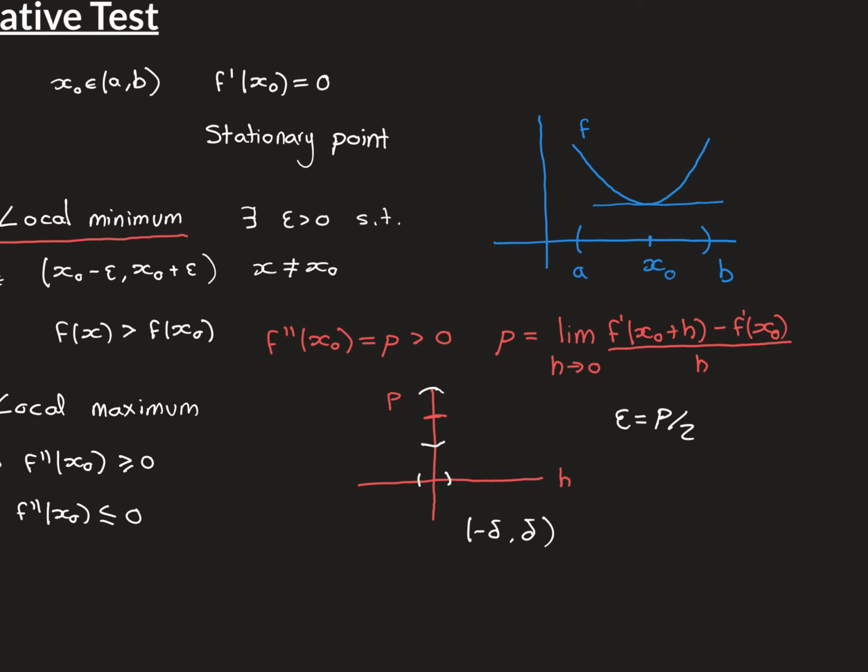So overall, what I now know is that there must exist a delta interval centered around 0, such that every point in that interval apart from 0 itself, if you look at this function, this difference quotient, it exists and it is mapped into this epsilon interval around p, i.e. this difference quotient exists and it is a positive number.